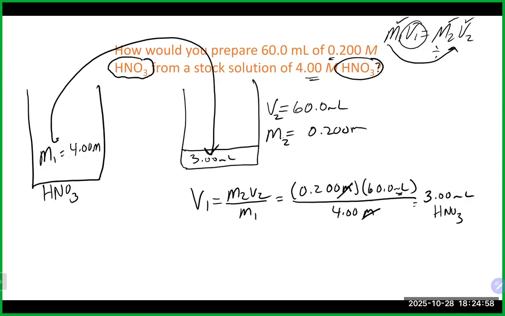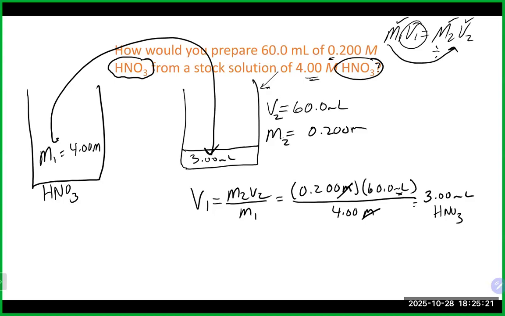Now, should I add 60 milliliters of deionized water to complete it? I should not, because then my total volume would be 63 and not 60.